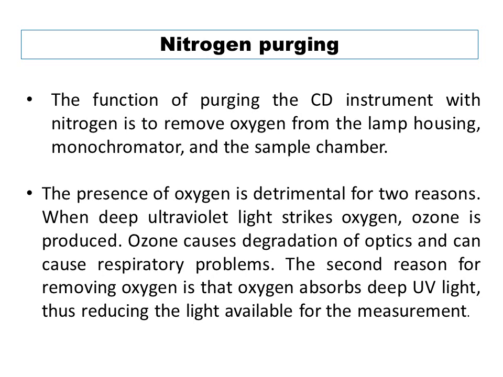When deep UV light strikes oxygen, ozone is produced. Ozone causes degradation of optics, and it can cause respiratory problems for the person carrying out the analysis. The second reason for removing oxygen is that oxygen absorbs deep UV light, thus reducing the light available for the measurement.